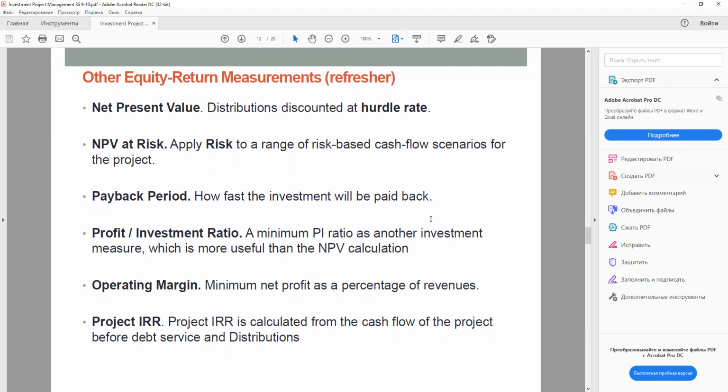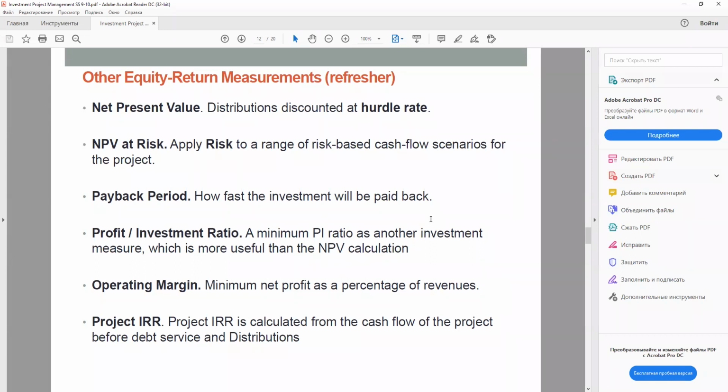We also have a payback period, and if cash is king for any investors, there is a rule for that. So it is relevant to know how fast the investor will be paid back. Investors may require that any equity investment also has a minimum payback period of no more than a certain number of years.